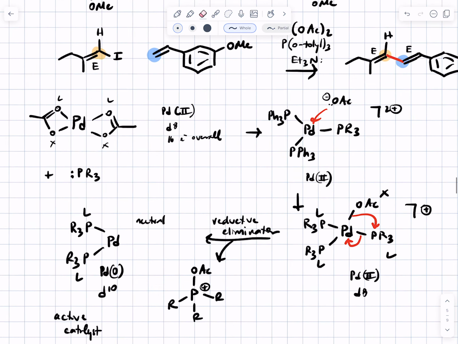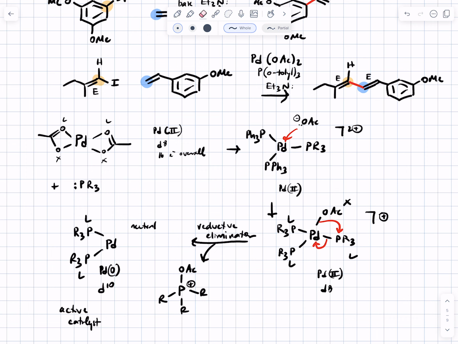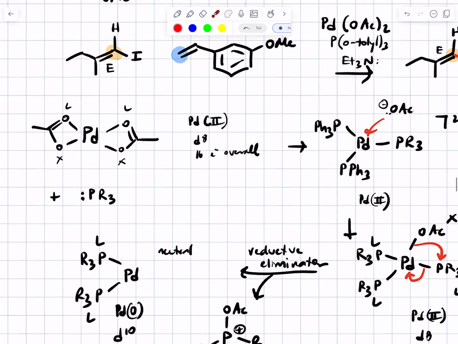Okay, here it is. This is not in your text. It's not something to worry about, but I often get irritated by these kinds of details, so I just wanted to show you what likely is going on. This is the palladium acetate starting material, and it's palladium 2.